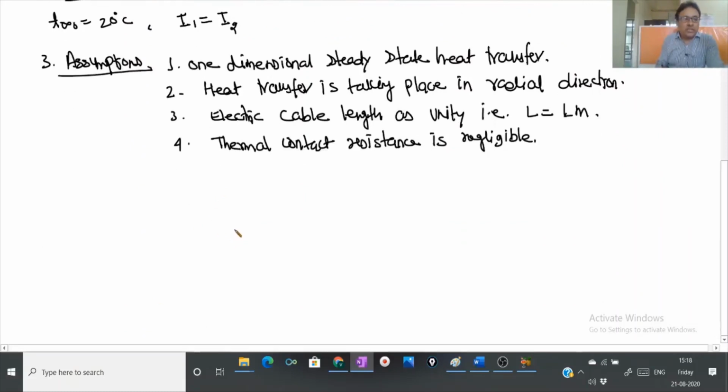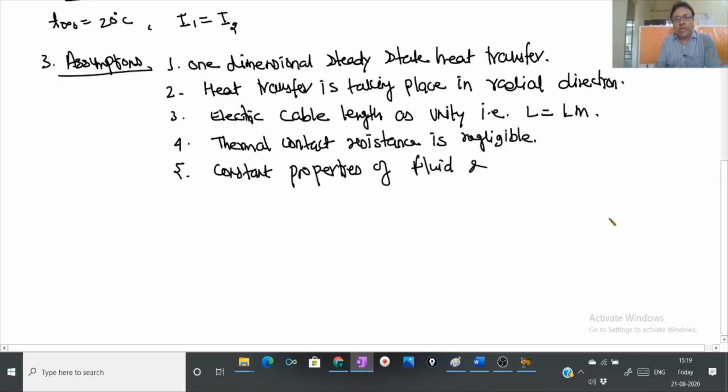And the last assumption, constant properties of fluid and material. So these are the 5 assumptions for this problem.